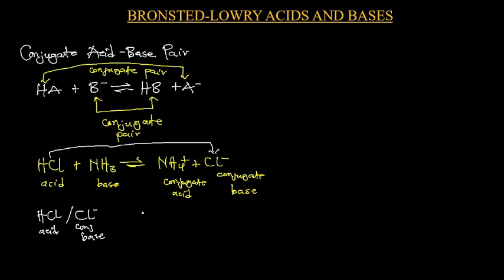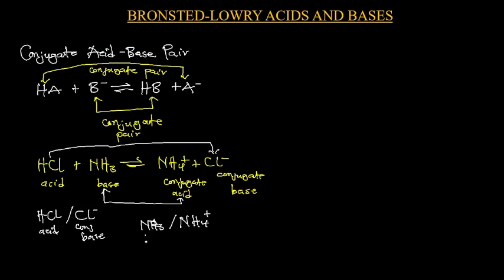Now, when we take the other pair, we have NH3 and NH4 plus. What is the difference here? The only difference is a proton. NH3 lacks one proton, while NH4 plus has the proton.